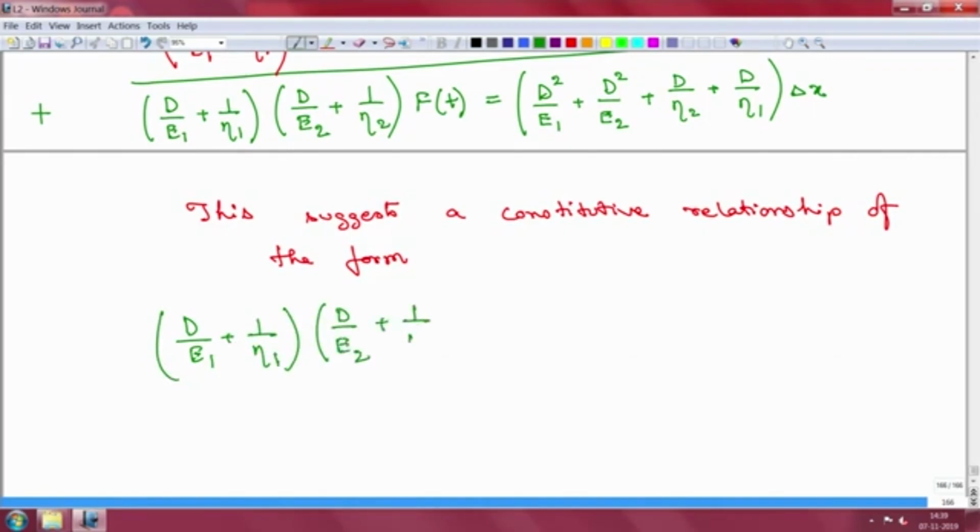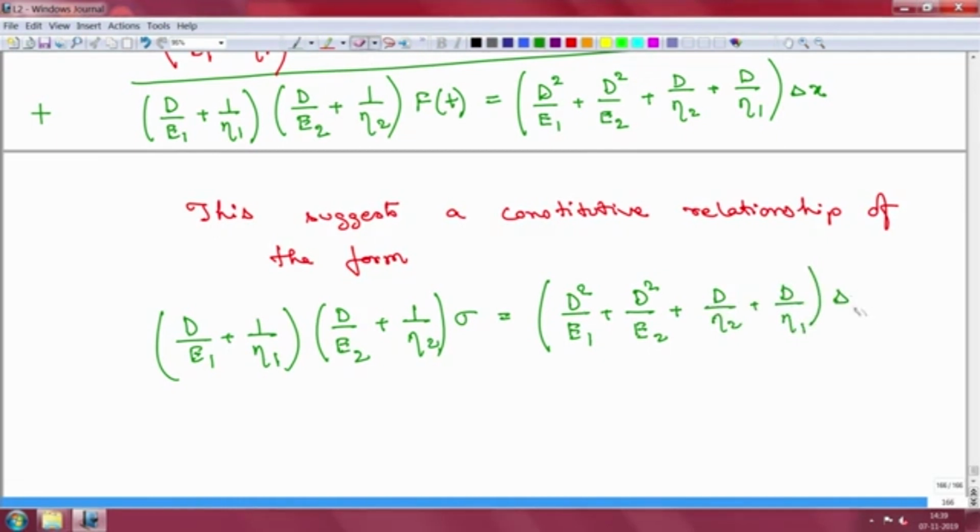So, I am just writing the prefactors once again, and then you have the stress here, and then you have, sorry. Now, I will replace the displacement with epsilon.